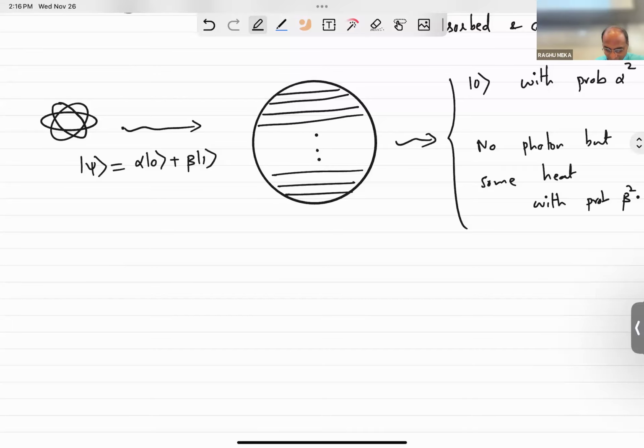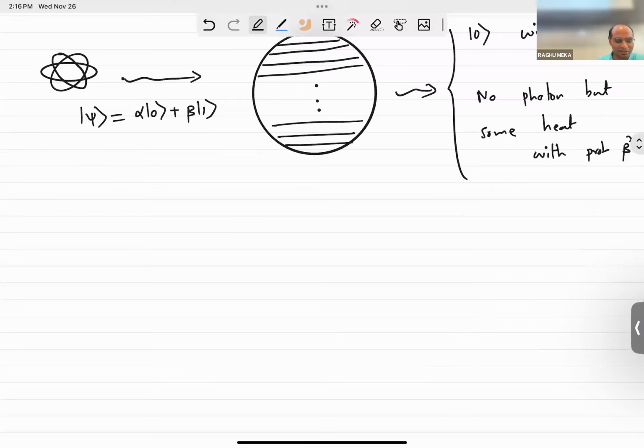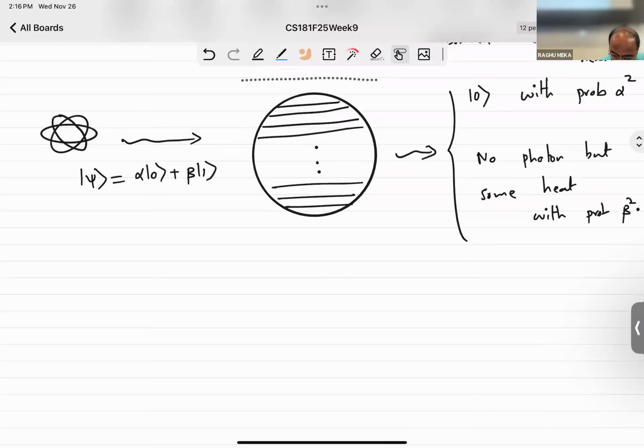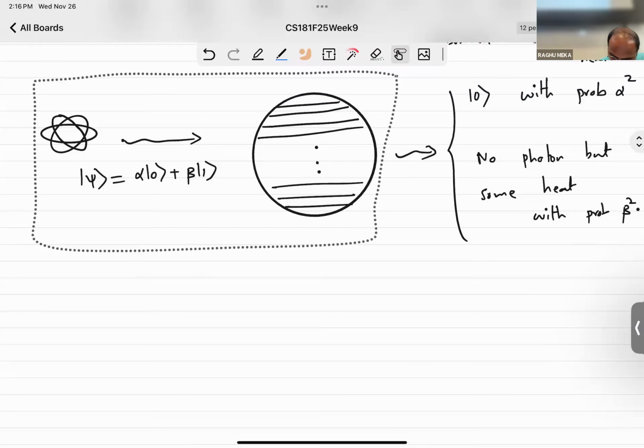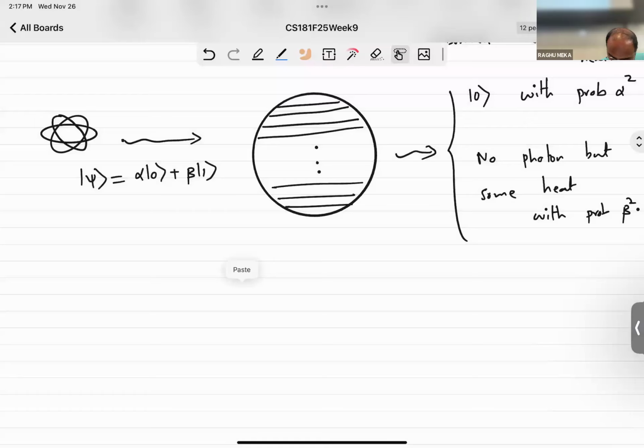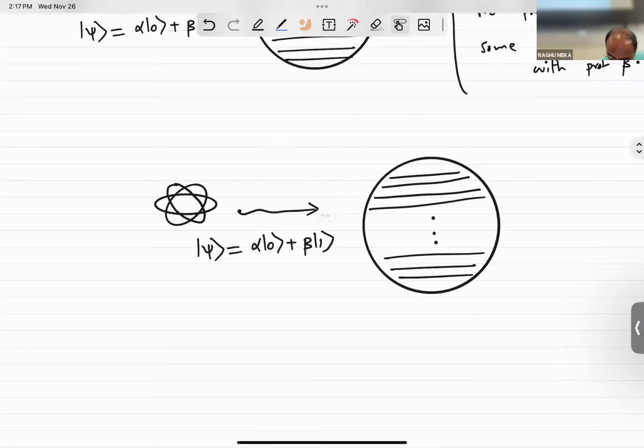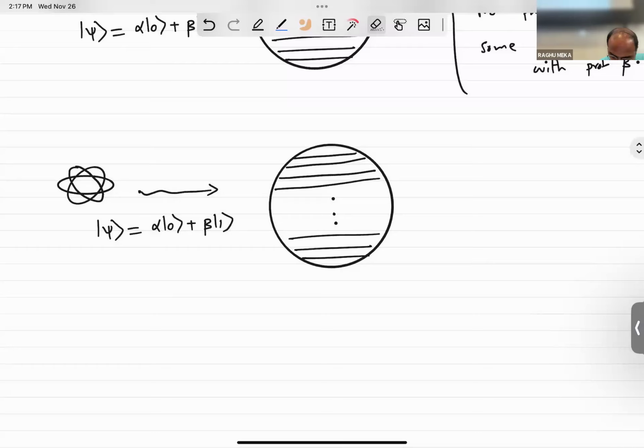All right. So just as we have a horizontal polarizing filter, let's do some calculations. Imagine I send a state which is completely 0. What happens? I just get it out all the time. So alpha is 1, so nothing really happens.